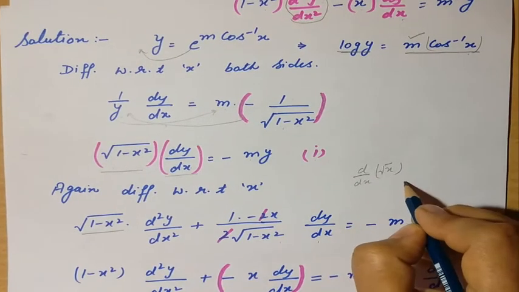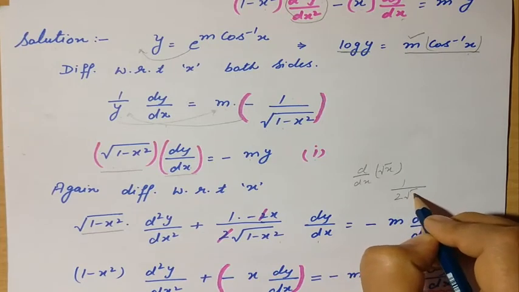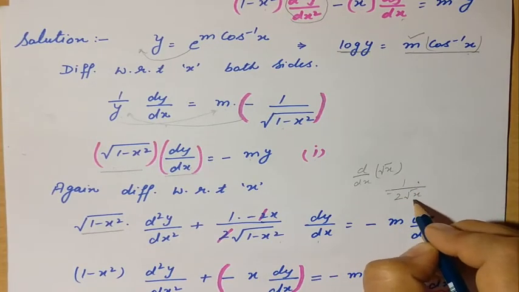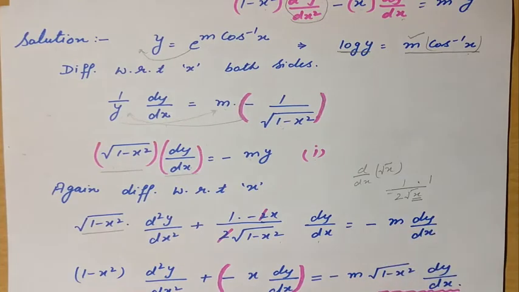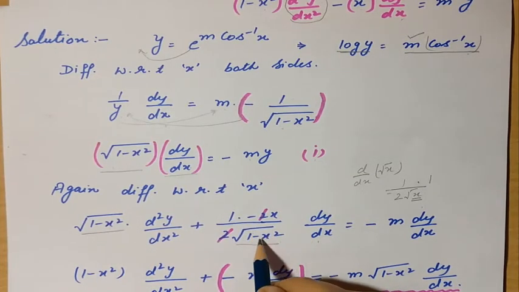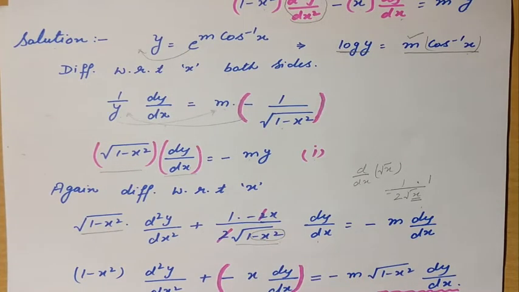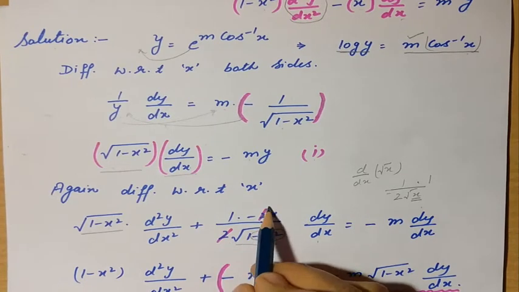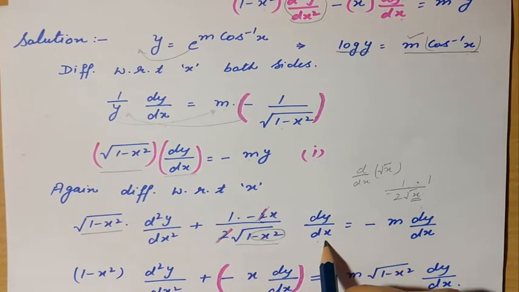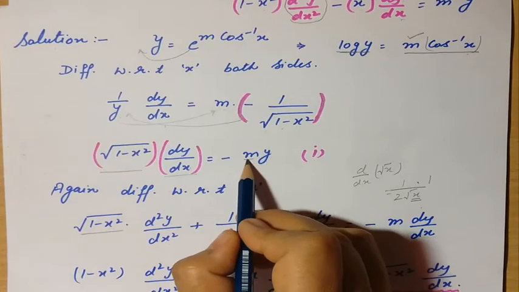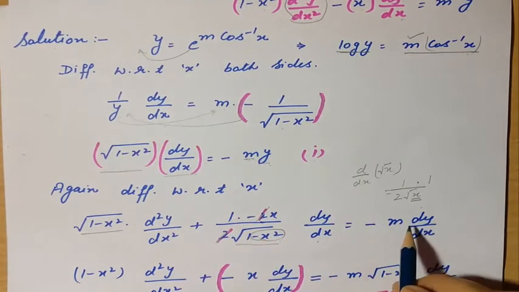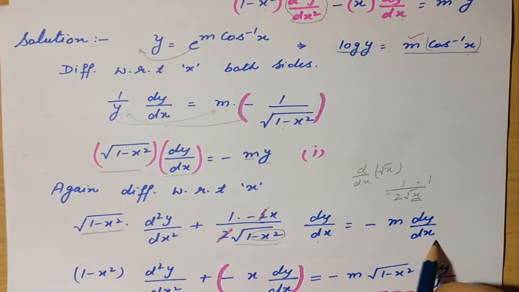It will be equal to 1 upon 2 under root x multiplied by differentiation of x, so that will be 1. Same case, the under root term is under root 1 minus x square, so its differentiation will be 1 upon 2 under root term multiplied by differentiation of this, which is minus 2x. That means we can cancel 2 and 2. Dy upon dx as it is. On the right hand side, it is dy upon dx, the differentiation of y.